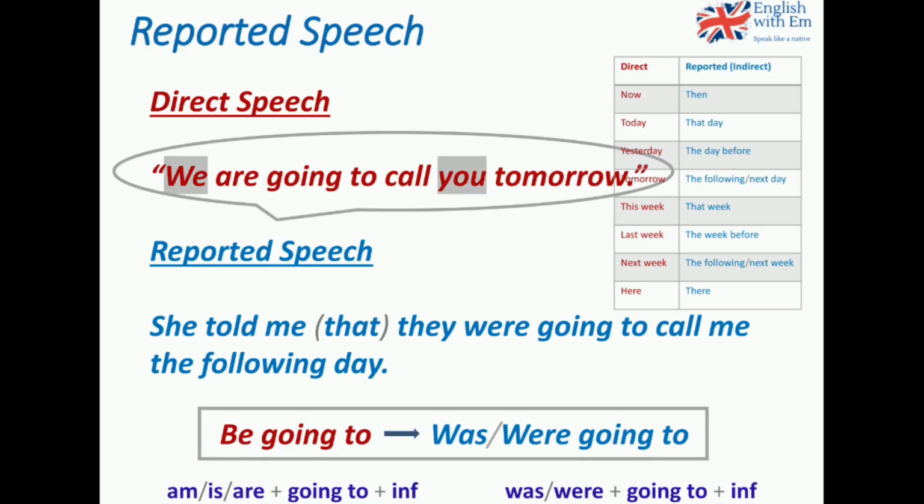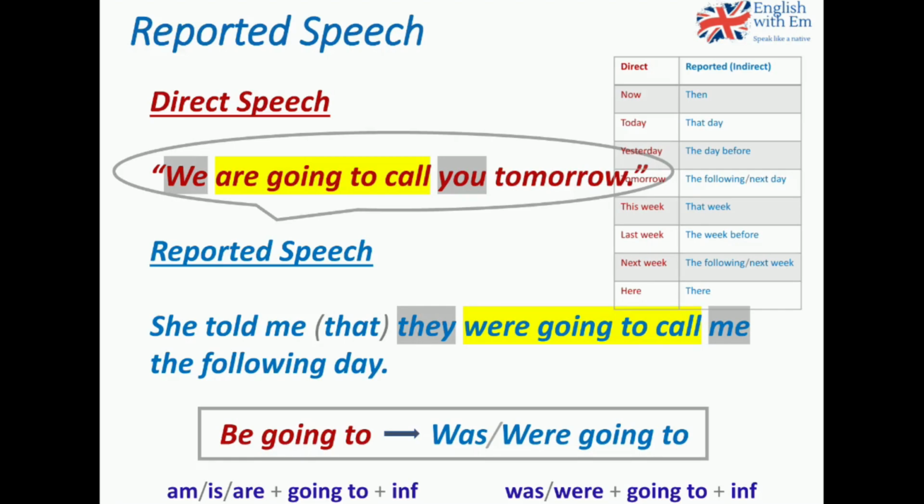So we change our pronouns. Here we've got two. We've got the subject we and the object you, and we need to change both of them. So we end up with they and me. And the tense are going to call, backshift, were going to call.